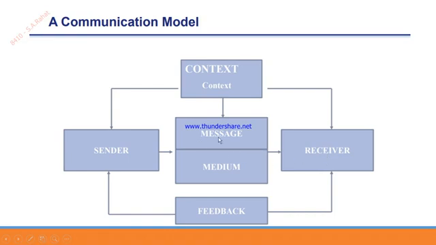The message itself can be either oral or written. The medium depends upon whether it is verbal or non-verbal. The receiver receives the idea through this medium and gives feedback in the form of verbal or non-verbal communication or action to the sender. In this way, the communication process is completed.